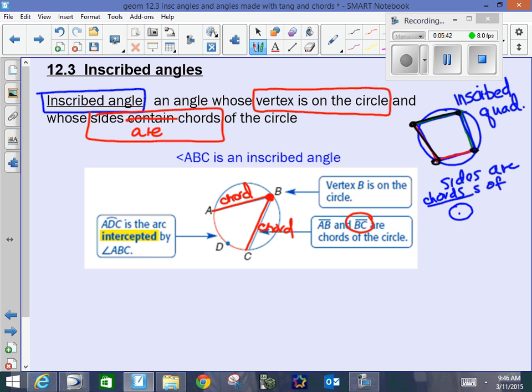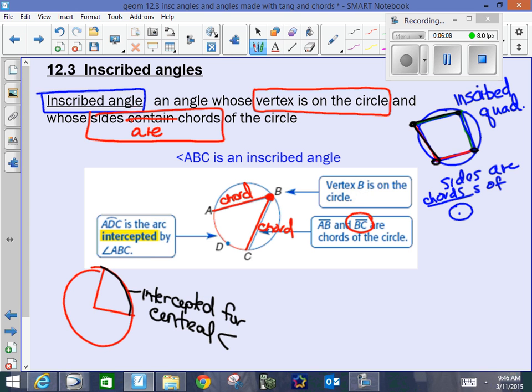Now, the very important piece of this inscribed angle is to find its intercepted arc. The same concept as we had with the central angle. What arc is in between the two rays? That's my intercepted arc for my central angle.